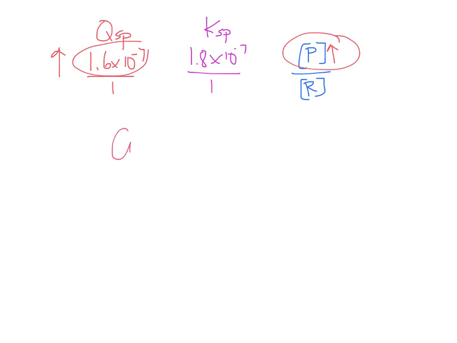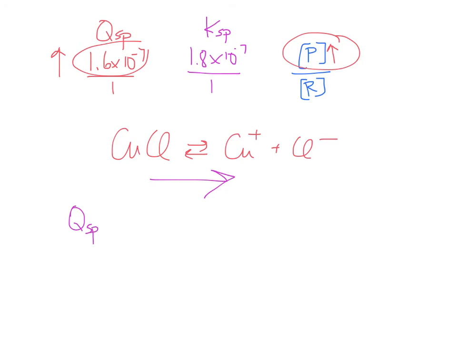In my reaction, CuCl makes Cu plus and Cl minus. Since the products are going to have to increase, the reaction is going to have to shift right. So Qsp is smaller than Ksp. That means, therefore, the reaction will shift right towards the ions, not left towards the precipitate.